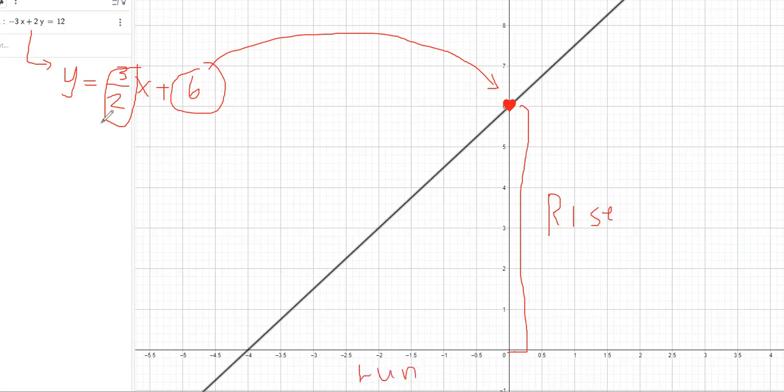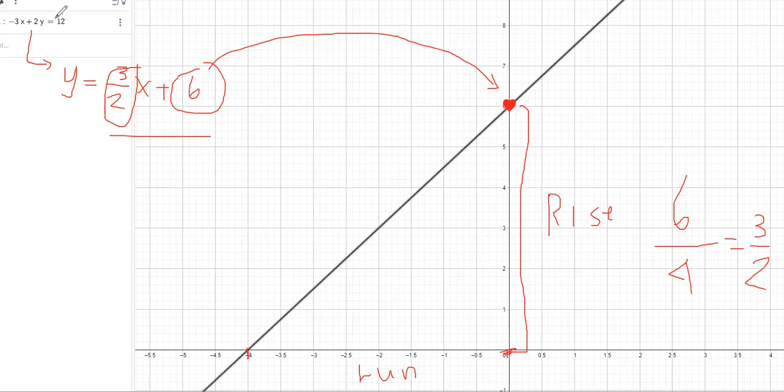So as you can see, it says 3 out of 2. But how long is that? The rise is 6 units, from 0 all the way to 6. And the run is from 0 all the way to -4, so that is 4 units. When you simplify that, that's actually 3 out of 2. So that is the meaning of this.